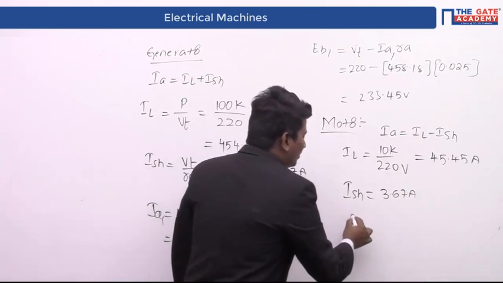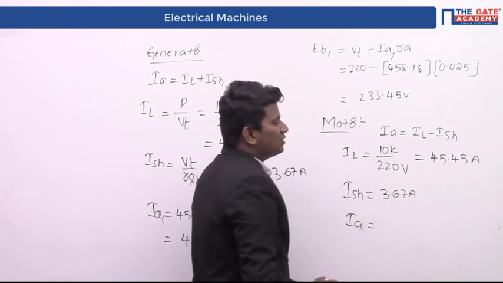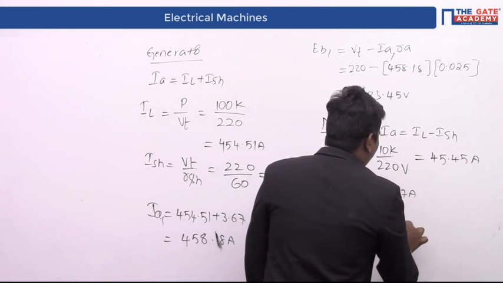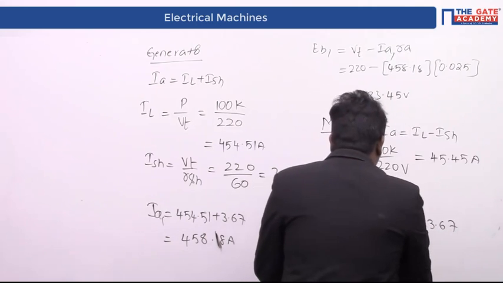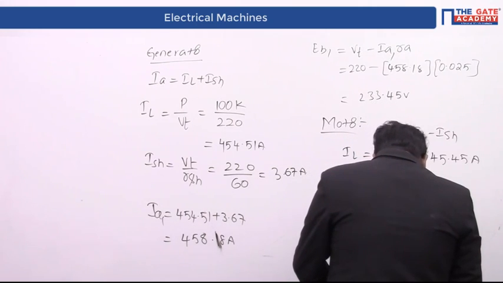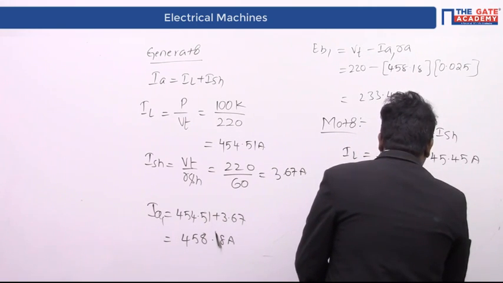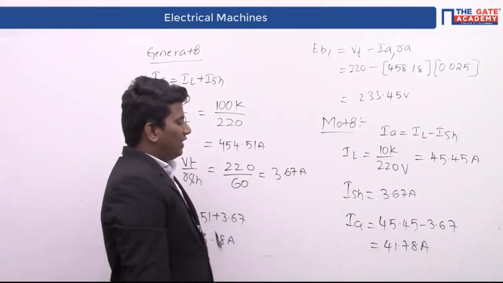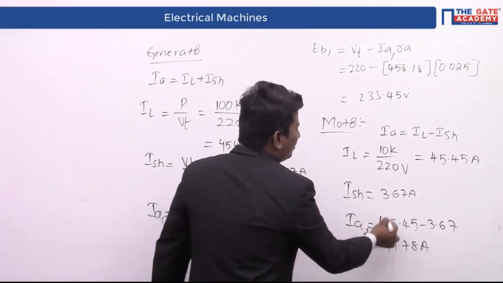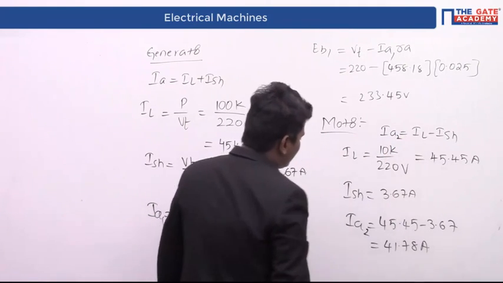But what is your IA? IA is equal to 45.45 minus 3.67. The resultant current is 41.78 amperes. So finally we got IA2, the motor current.